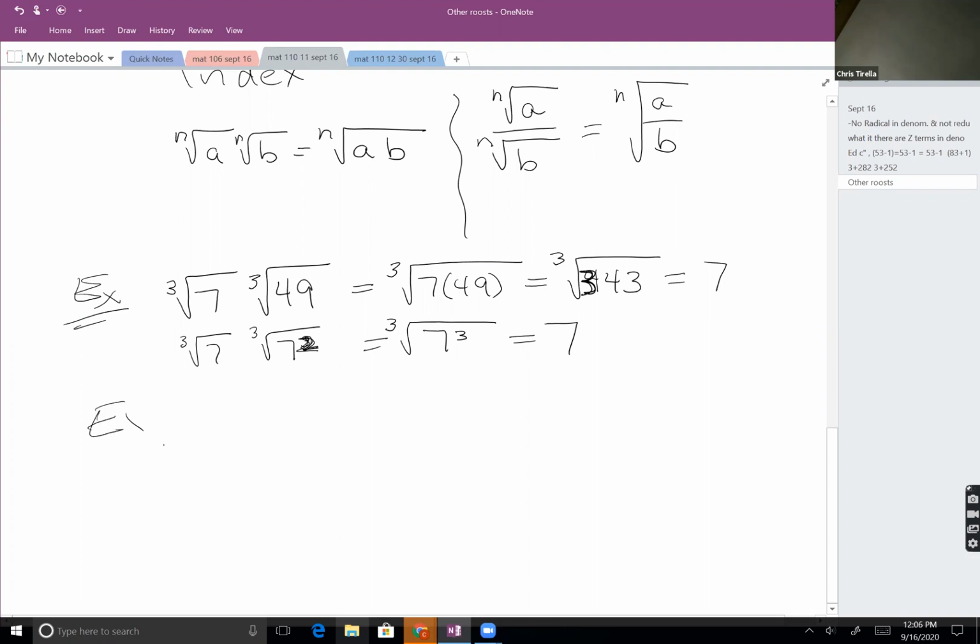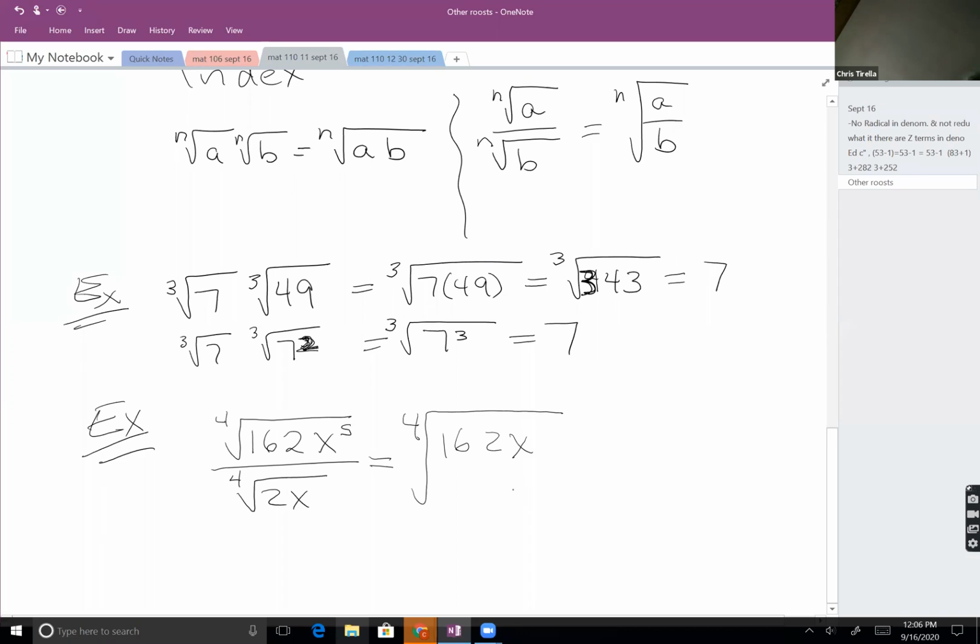So look at another example. If I have the 4th root of 162 x to the 5th over the 4th root of 2x. Is everybody all right? The indices are the same. So I'll change that into a single radical. The 4th root of 162 x to the 5th over 2x.